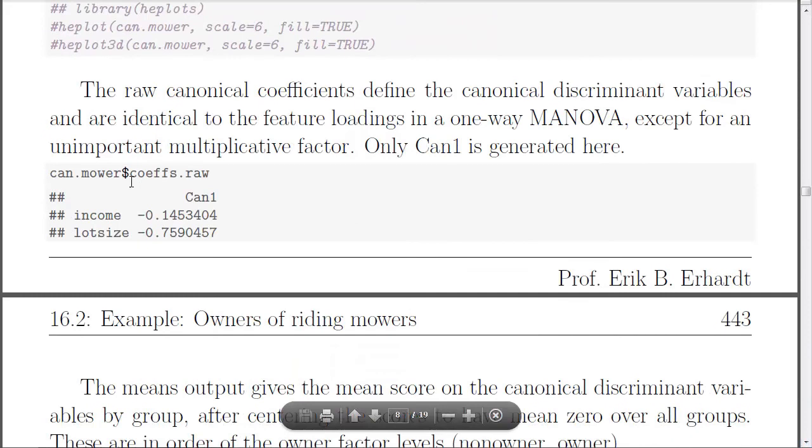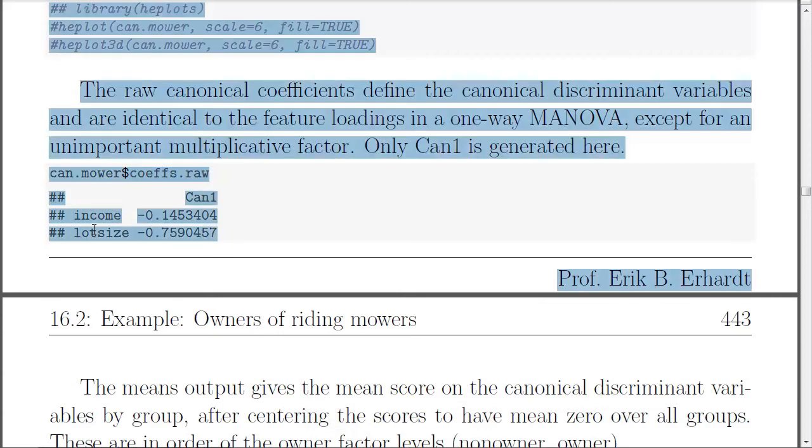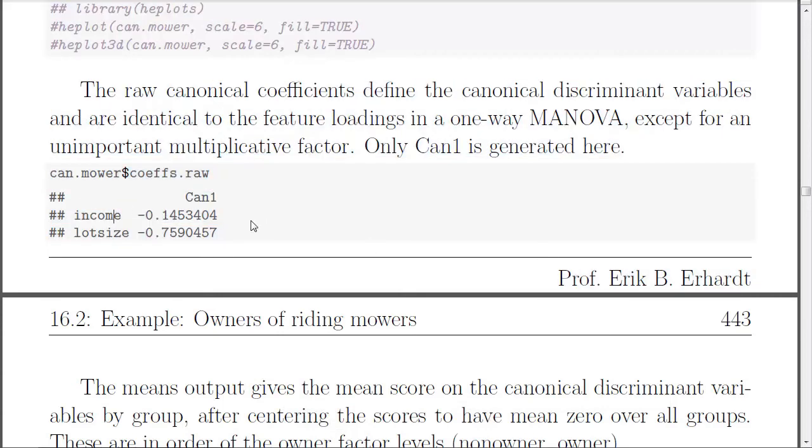So the coefficients raw object gives the coefficients for the canonical discriminant linear combination of income and lot size. Notice that both these signs are negative, which suggests that the direction is going to be up and to the right, or down and to the left.